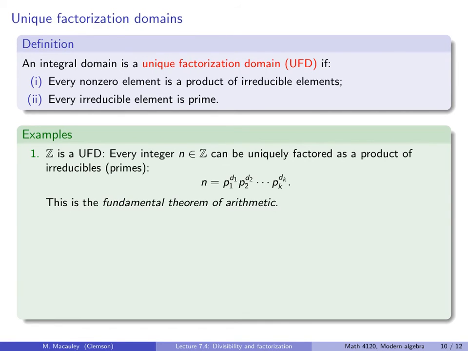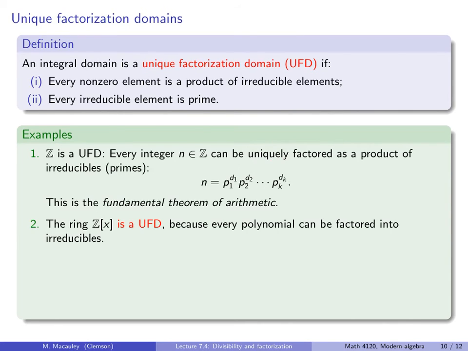Let's do some examples. The integers is a UFD because every integer n can be uniquely factored as a product of irreducibles, or equivalently primes. And when I say uniquely, I mean up to associates. This is simply the fundamental theorem of arithmetic. It's something that you've probably never questioned because you learned it in grade school.